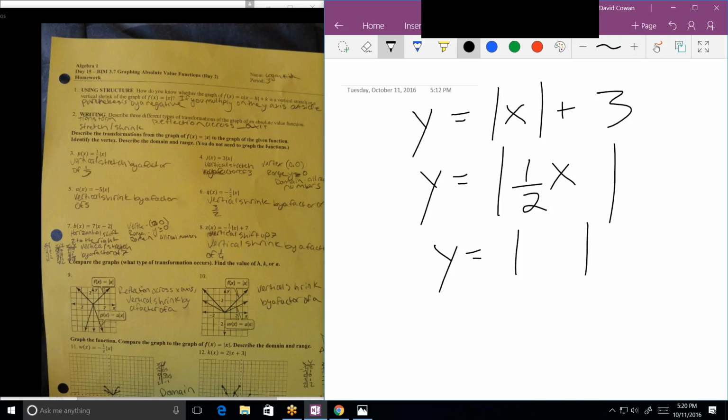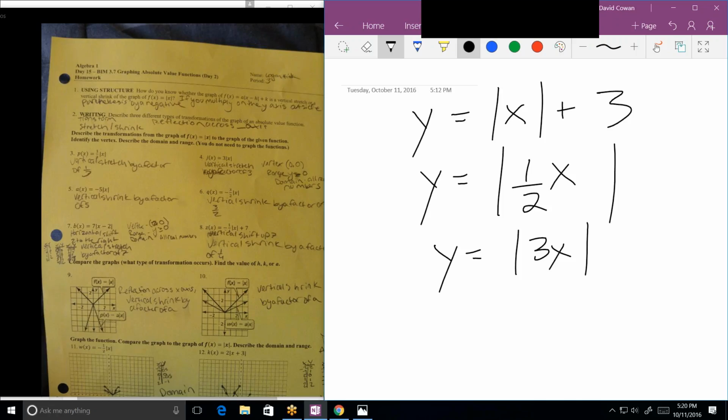A vertical stretch is found by making a greater than 1. A horizontal stretch is found by making a between 0 and 1. But a horizontal shrink is found by making a greater than 1. So an example of a horizontal shrink would be y equals absolute value of 3x. In other words, the a is inside, making it horizontal, and it's a number greater than 1, making it a shrink.